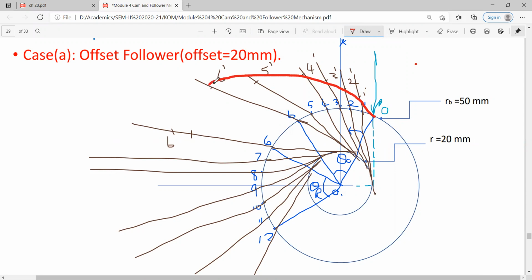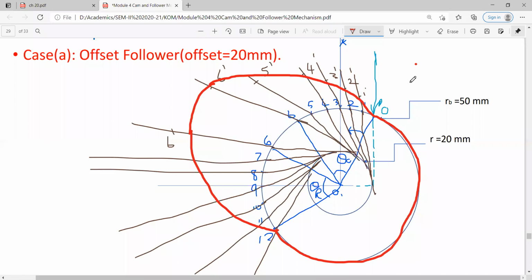Then from this 6 dash to this 6 dash, the radius is constant, so you can use the compass for that. And in the return stroke, you know that it comes back to the original position. So your curve will look like this. Later on, you can draw this curve with the help of a compass as it is a circle. So this will be the construction in case of an offset follower.